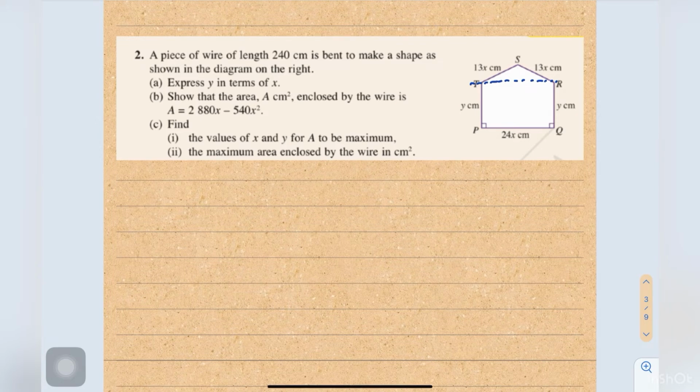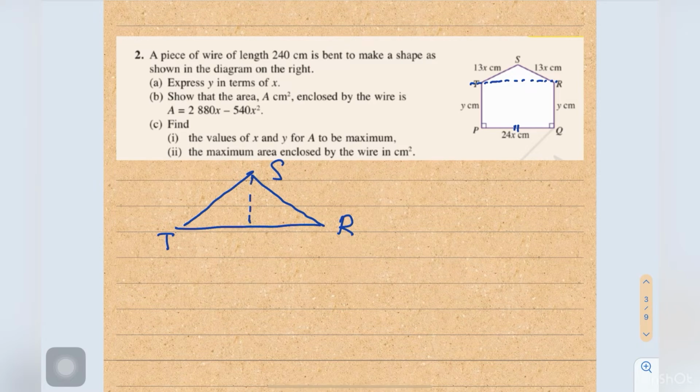This one PQ is 24x, meaning that TR is 24x centimeter as well. Here is 13. So let me redraw. This is R, T, S. We draw the vertical line. This one is 13x, this one 13x. TR is 24x, meaning that 12x, 12x. By using Pythagoras theorem, the height is 5x.